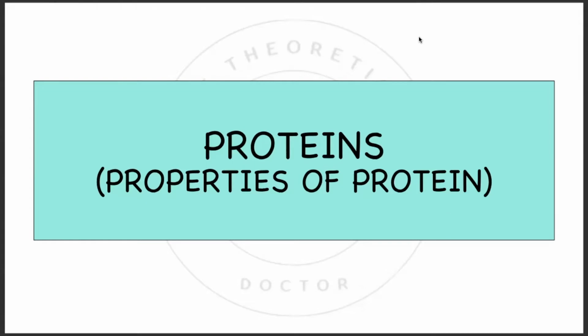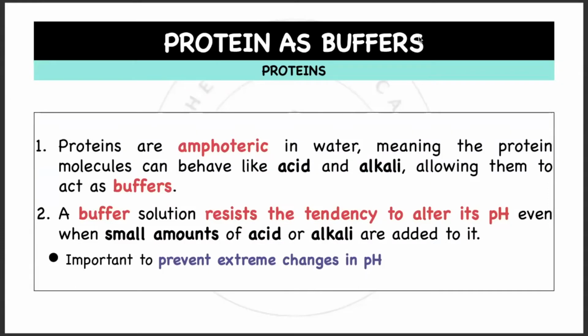Today we are continuing on the subtopic of proteins, and we will dive into the properties of protein as a buffer and the isoelectric point. Protein as buffers. Proteins are amphoteric in water, meaning the protein molecules can behave like acid or alkali, allowing them to act as buffers.